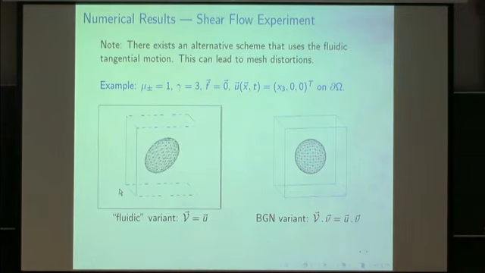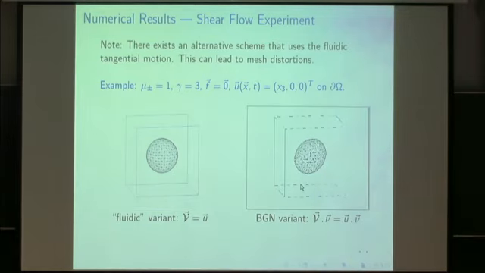You can't see that terribly well, but you've got vertices down here moving like this and up here moving like that, and you get this band of high density of vertices and very coarse elements up here. Hopefully you can guess that. That's because the vertices are moved like material on your interface with the surrounding flow, and that's this fluidic variant. Whereas in our approximation, the tangential motion is completely independent of the surrounding flow.